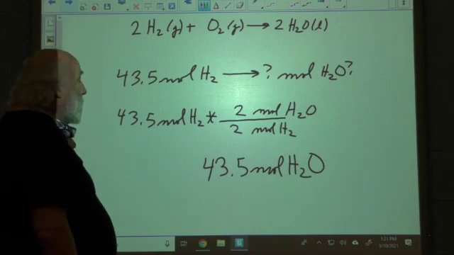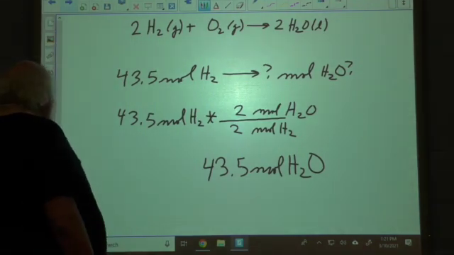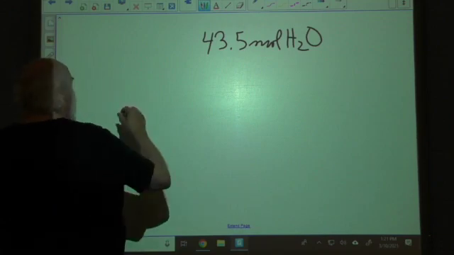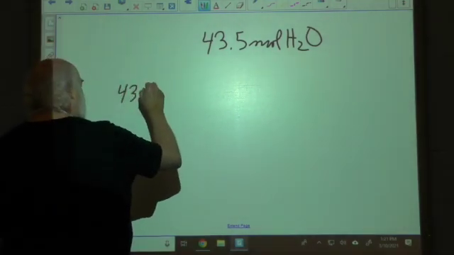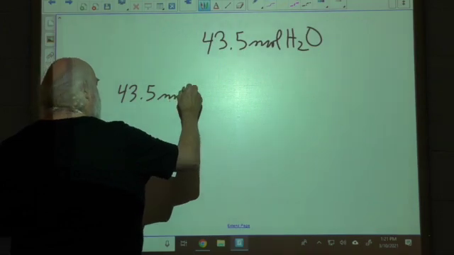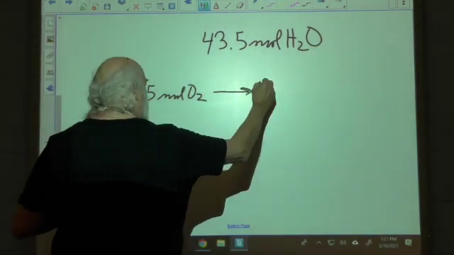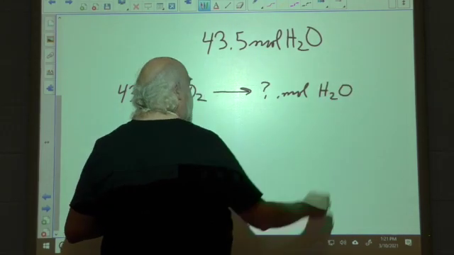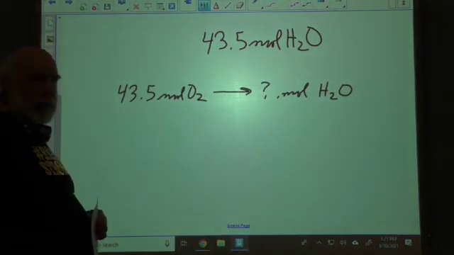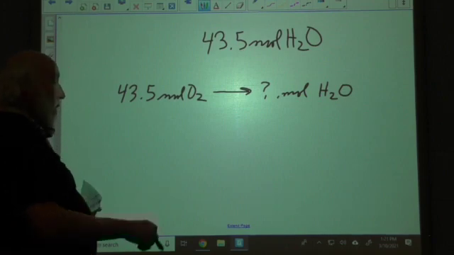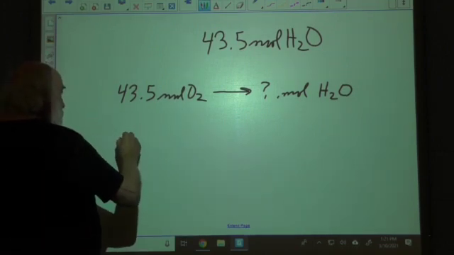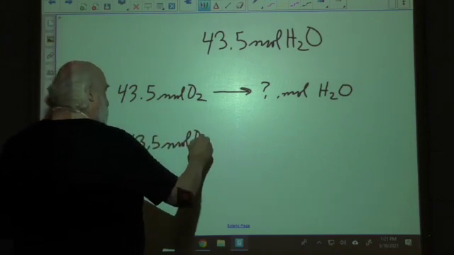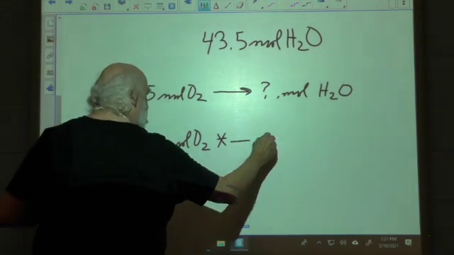Okay? So let's take another scenario. Let's suppose that I have 43.5 moles of oxygen. And I want to know how many moles of water I'm going to get out of this. So again, this is a conversion problem. 43.5 moles of oxygen times fraction line.